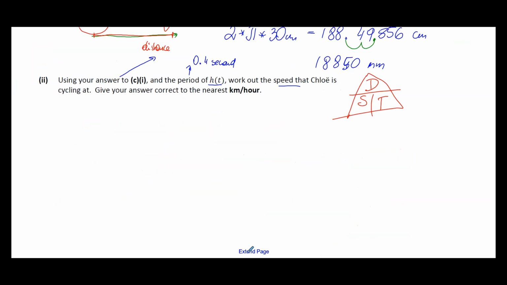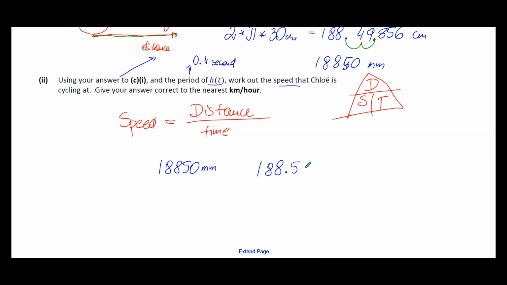Formula here, so we are looking at speed, which means distance divided by time. Now, one thing we have to be aware of here is the measurement. The distance she's traveling is 1885 millimeters, or if I change into centimeters, 188.5 centimeters.